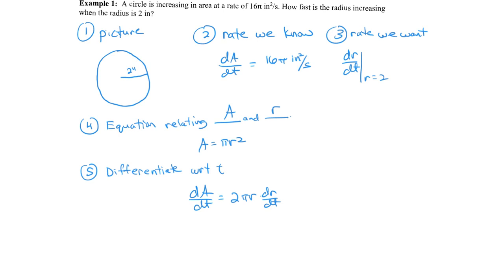dr/dt. So this implicit differentiation will happen all the time in this section because we're differentiating with respect to t. A is a variable and it's not t. R is a variable and it's not t. So we'll have that all the time. So if there were a t here, differentiate with respect to t, we just get 1. But these are both variables that are not t, so we're going to have this implicit differentiation, right?